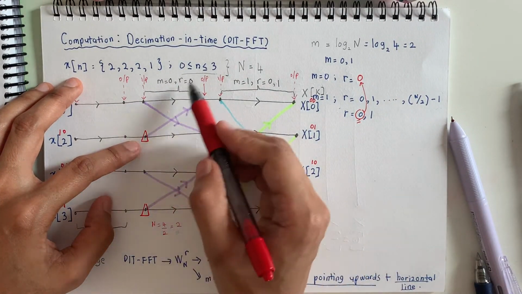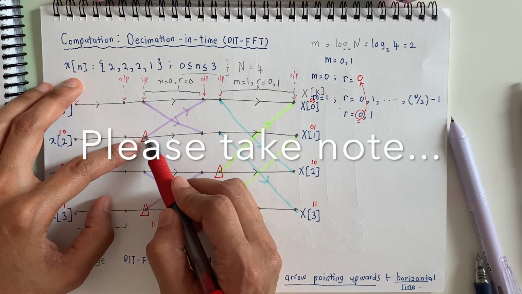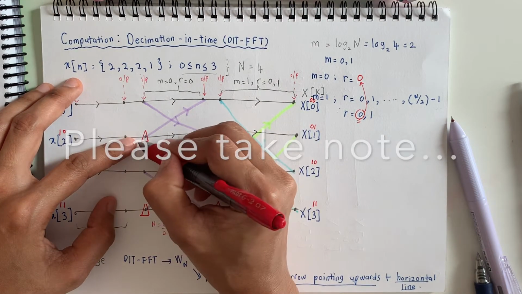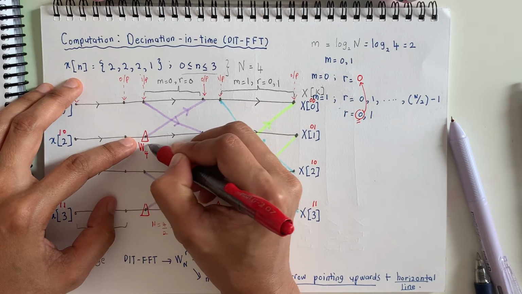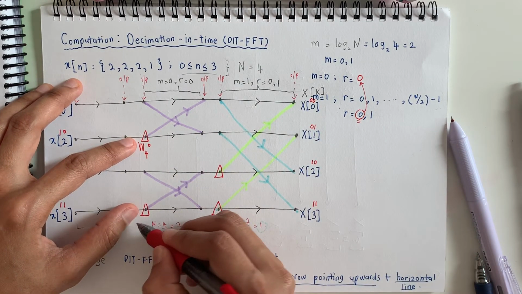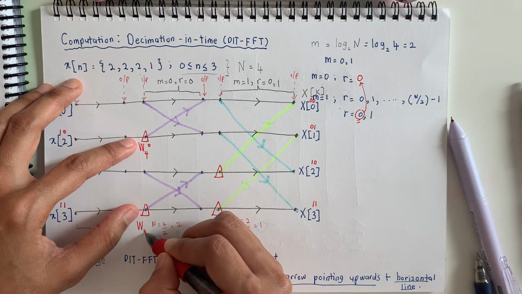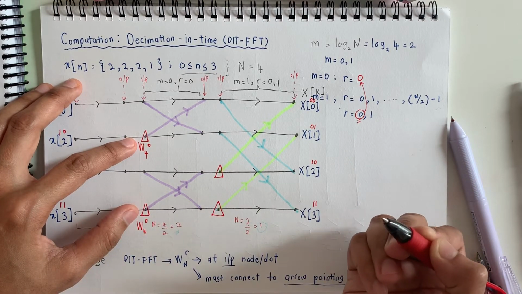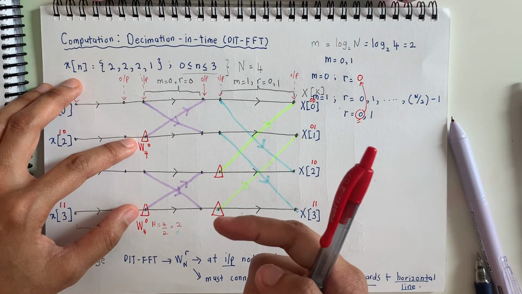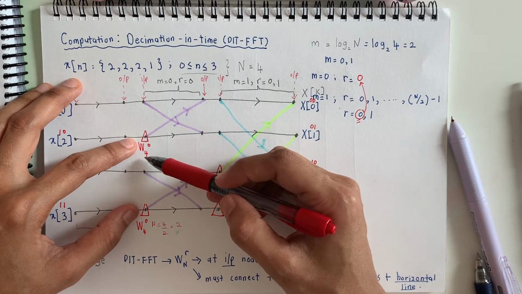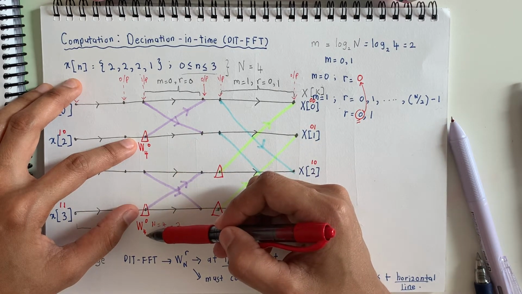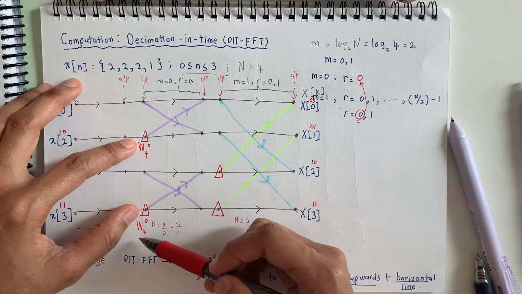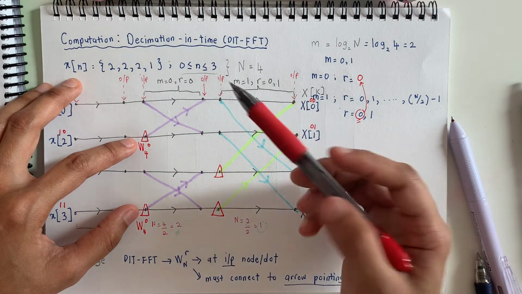From there, we know that the value for this twiddle factor is W_4^0, and this one also is W_4^0. Maybe some of you may wonder why we put W_4^0 here and also here, not W_4^1. The answer is very easy.